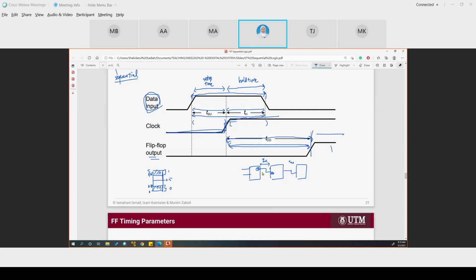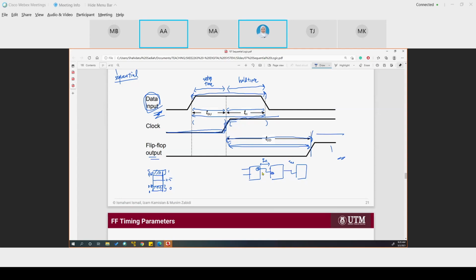It could be a correct output, it could be not, because the data has been changed, and then the output could be changed too. If the data input says hold the output, then it will be no problem because the output is the same.